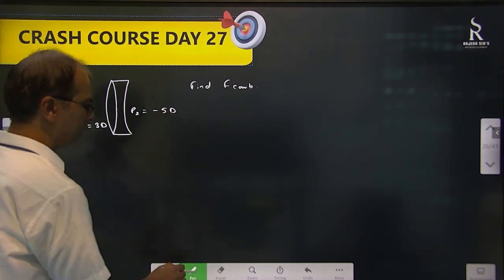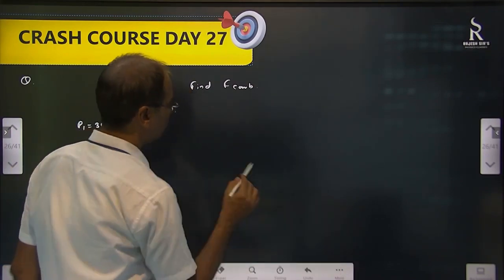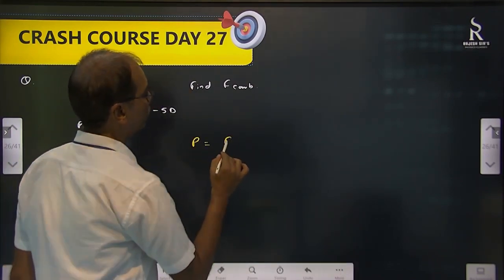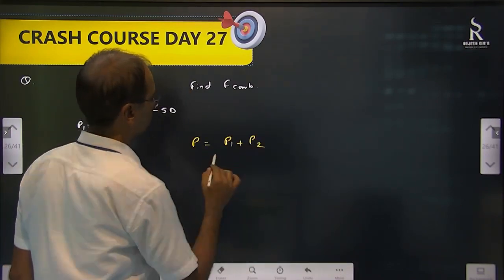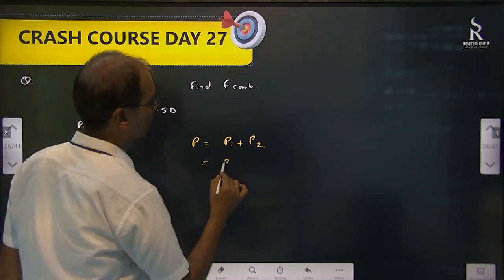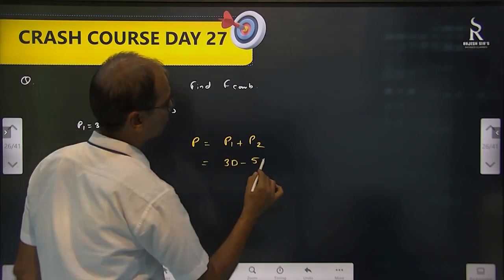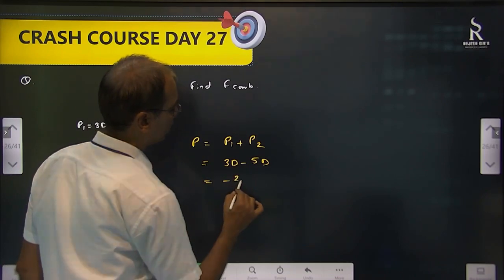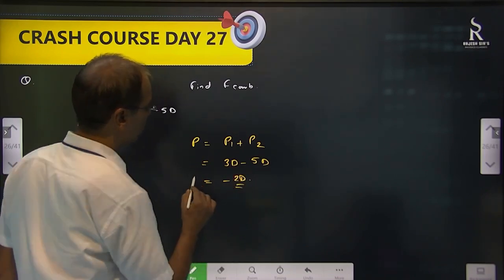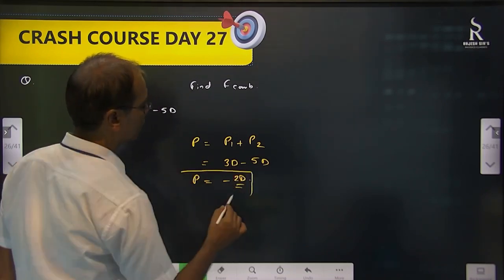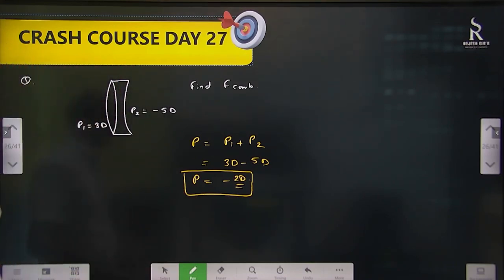Nothing is there in it. Very simple. P equal to P1 plus P2. So this is 3D and this is minus 5D. So answer is minus 2D. That means combination is going to be a concave lens.